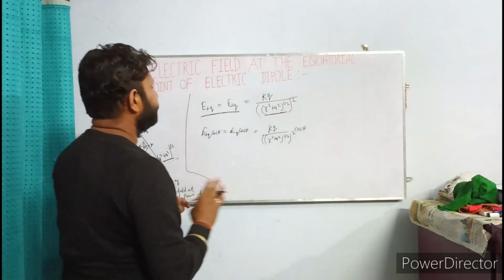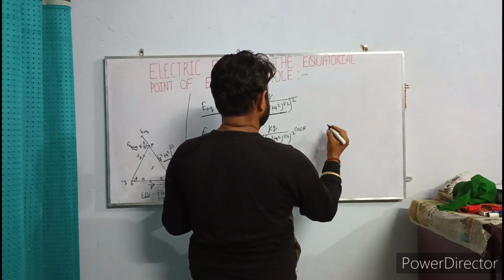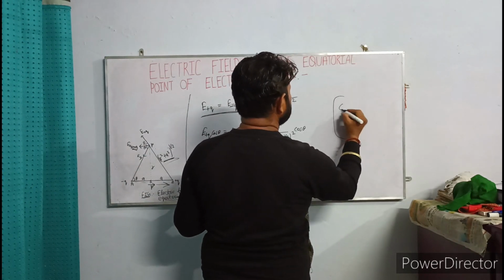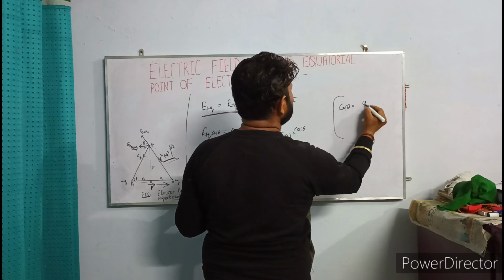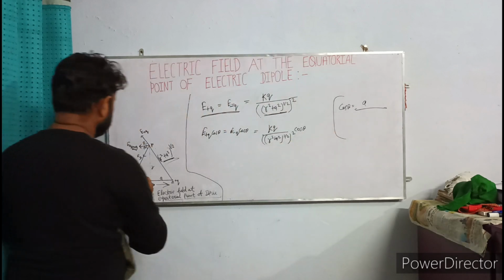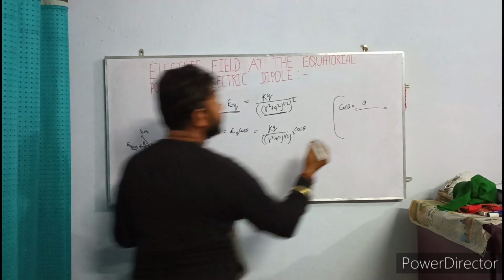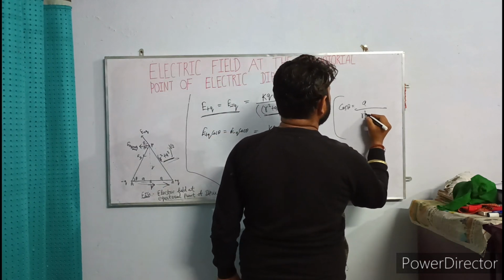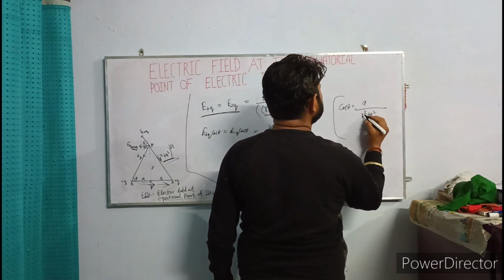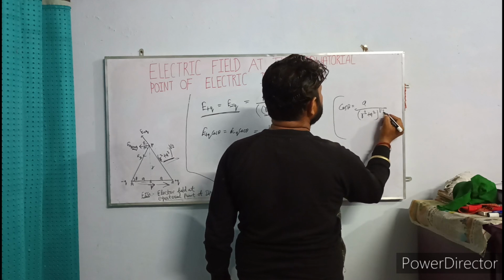And cos theta equals base upon hypotenuse, which is a upon (r square plus a square) power 1 by 2.